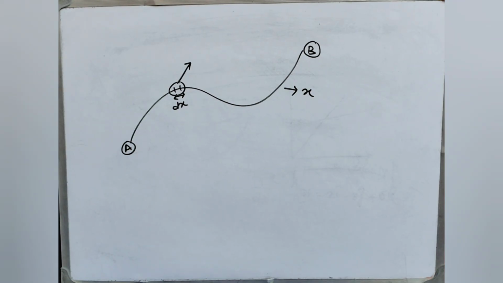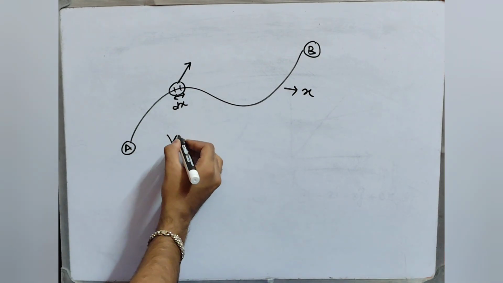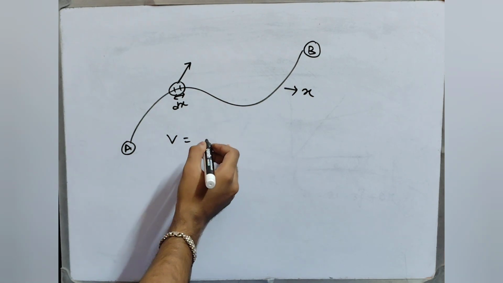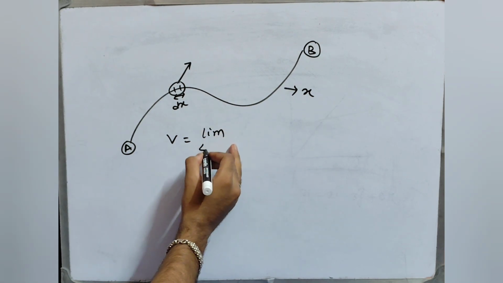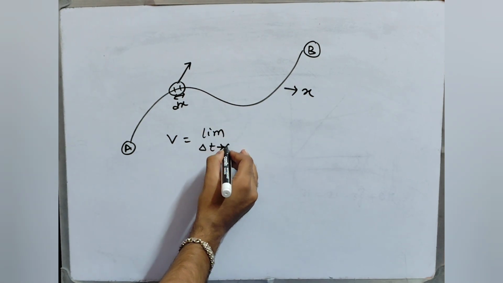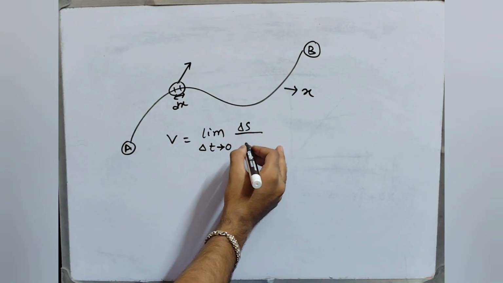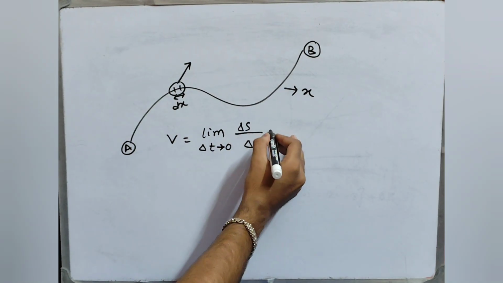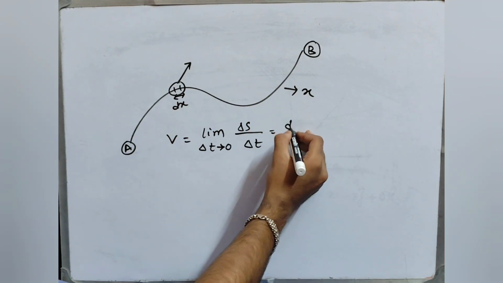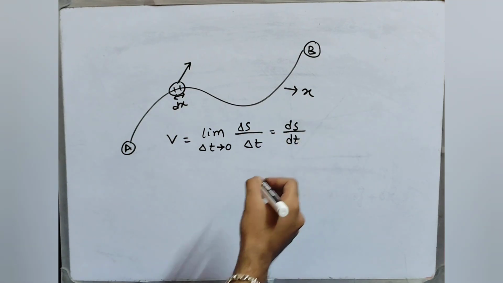Instantaneous speed and velocity are defined at a particular instant and are given by v equals limit del t tends to 0 of del s divided by del t, that is equal to ds by dt.